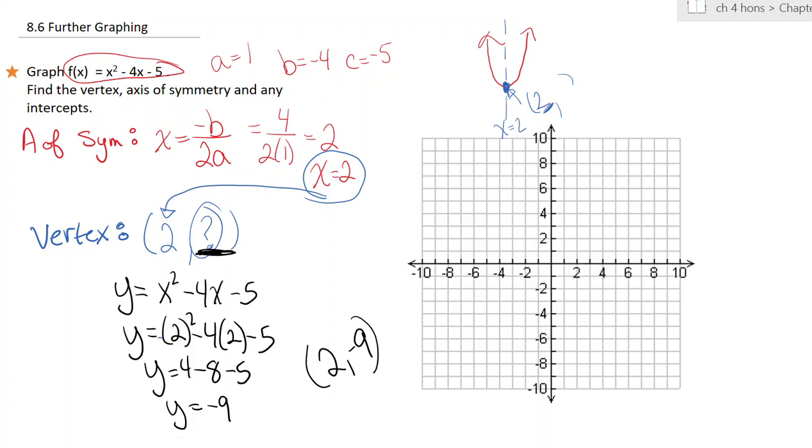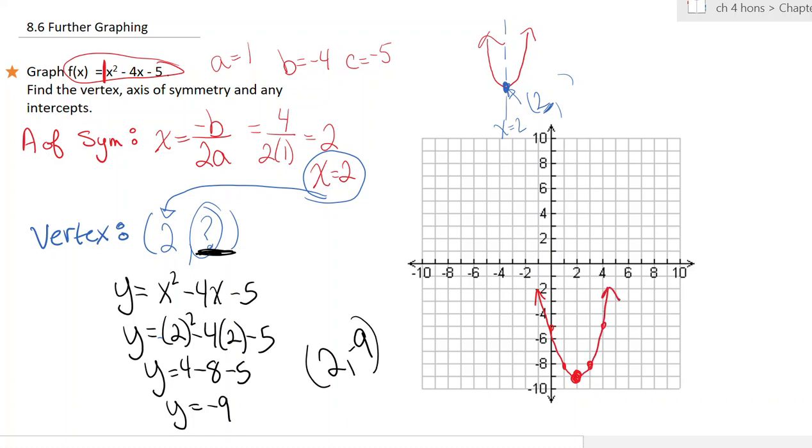From there, we're going to plot that. So 2, negative 9. Now, a is still 1, okay? So we could use some of the tricks that we talked about. A being 1, over 1, up 1, over 2, up 4. And I can start plotting the points.